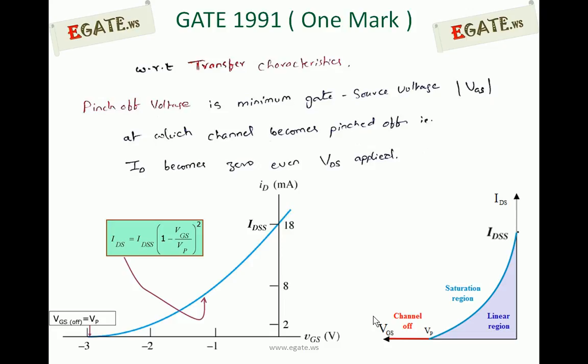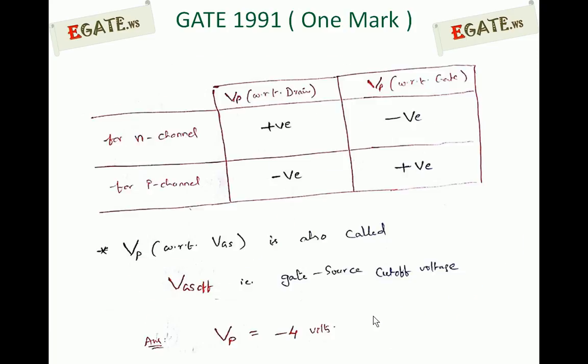The original pinch off voltage is the gate to source pinch off voltage, which is also called VGS off. So VGS off is also called VP. Its value is always negative in the case of an N channel and always positive in the case of a P channel JFET. But with respect to drain characteristics, we know the magnitude of the pinch off voltage.